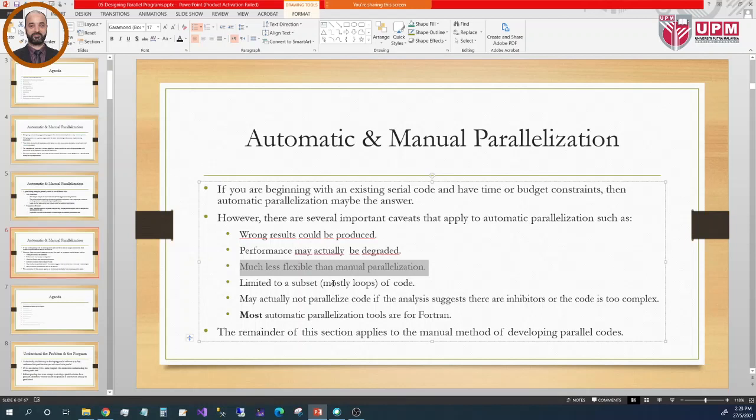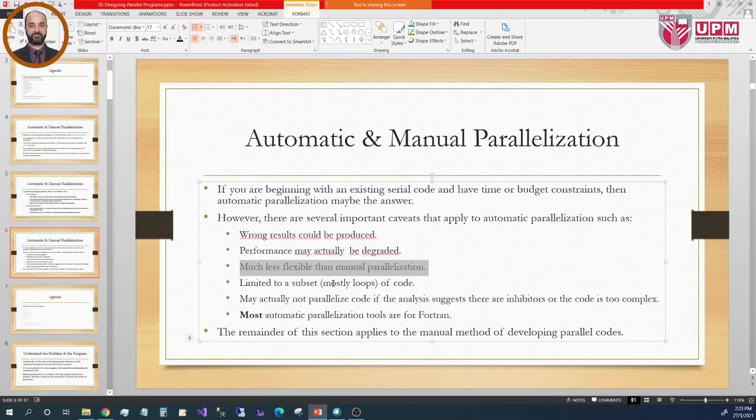Manual parallelization is time consuming and needs a budget, but at the same time it is guaranteed. Second, it is controllable. Third, it is flexible. Fourth, we make it as we need it to be.